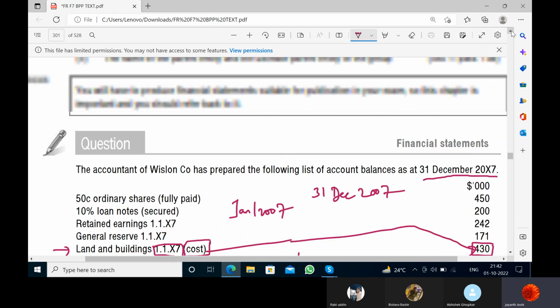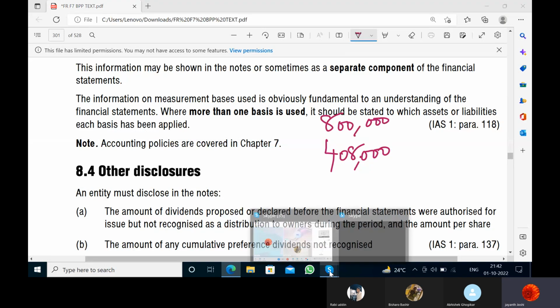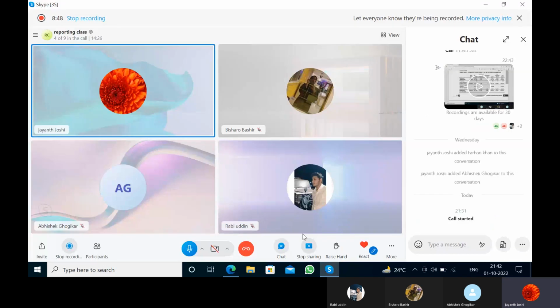See, I'm writing it neatly. The property is of 408,000, 3 zeros omitted, and it has got revalued by 800,000. See, did someone say something here? If I'm not wrong. Okay.